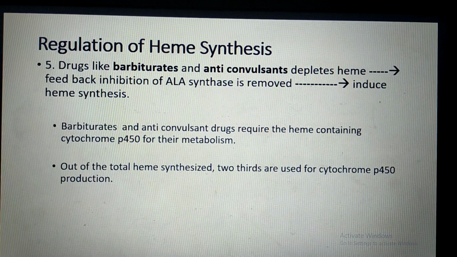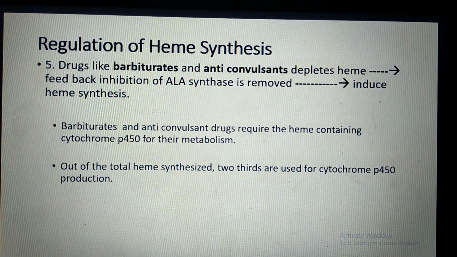Next are drugs like barbiturates and anticonvulsants. Anticonvulsant means anti-epileptic drugs. Now these drugs require heme-containing cytochrome P450 for their metabolism.